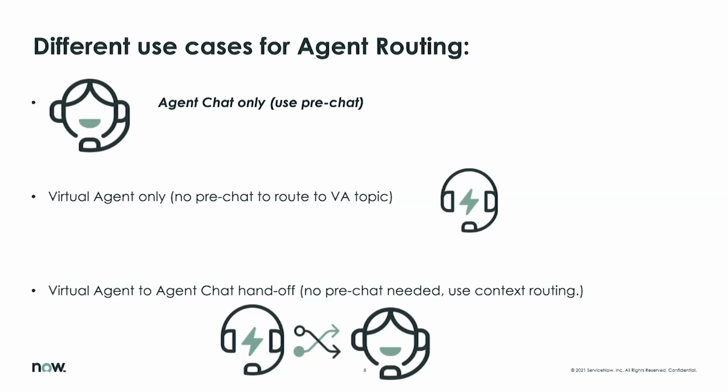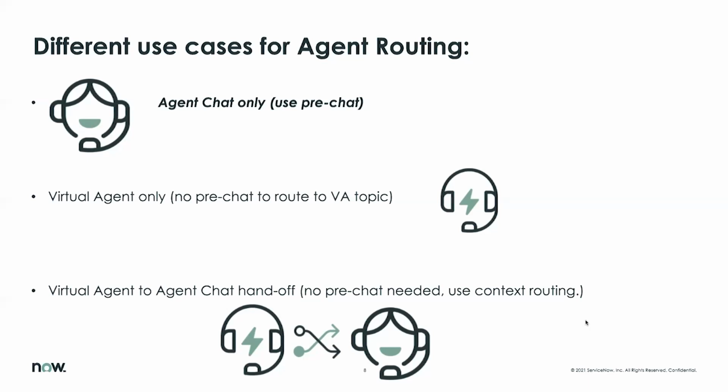We don't need a pre-chat when we are assigning from virtual agent to live agent. We can use VA topics to route to the right agent. And the third use case is a virtual agent handing off to a live agent. Again, in this process, we may or may not require pre-chat.